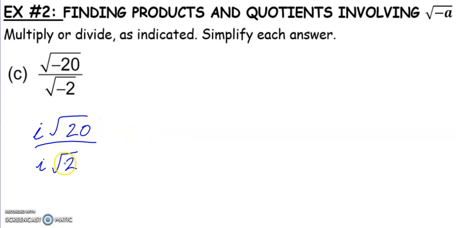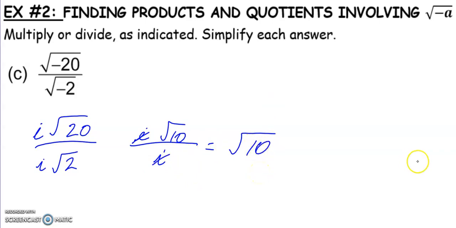Radical 20 divided by radical 2 is i radical 20 over i radical 2. 20 divided by 2 is 10 on top. What I notice right here, my i's cancel out. Anything over itself cancels out. And that leaves me with the square root of 10.